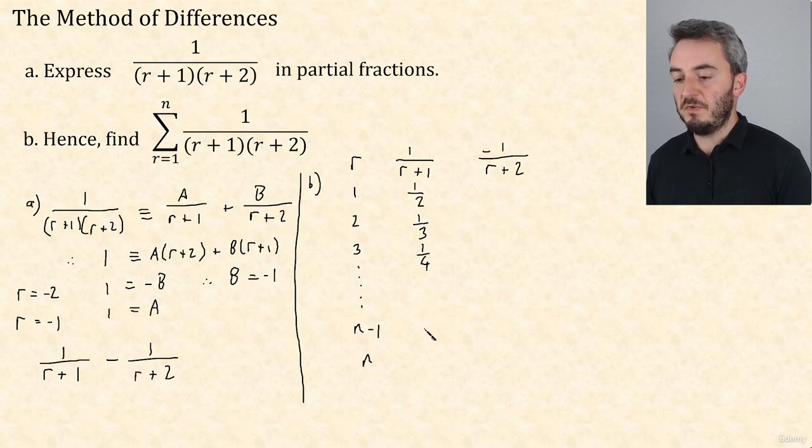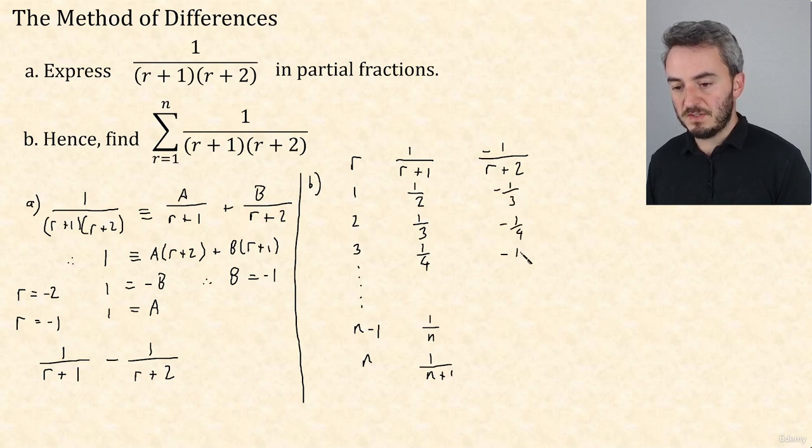And here, 1 over n minus 1 plus 1 is 1 over n, and then finally 1 over n plus 1. Here we've got minus 1 over r plus 2, so that's minus a third, minus a quarter, minus a fifth. And then down here, n minus 1 plus 2 gives minus 1 over n plus 1, and then we have minus 1 over n plus 2.